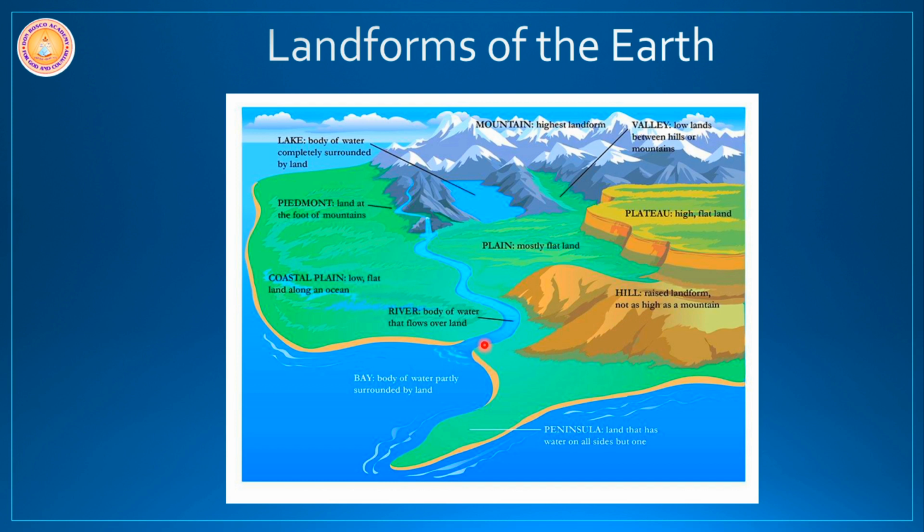And all other minor features like hills, plains, peneplains, lakes, they are known as the third order of relief, and they have all been formed due to erosion or deposition.